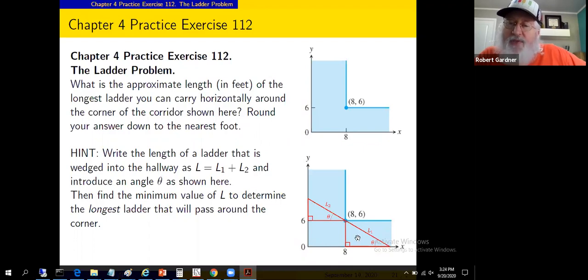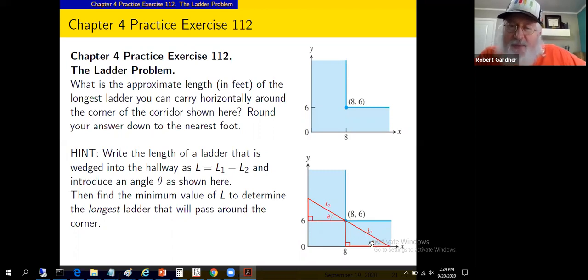I want to think of it as too long so that it's stuck. In my picture, I can't actually tell how it got stuck in there, but maybe I can't push it any further in this direction because the corner doesn't allow rotation any further. But the reason we're finding a minimum value of L is we're finding the minimum length ladder that'll go around the corner.